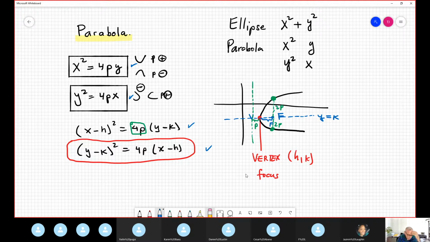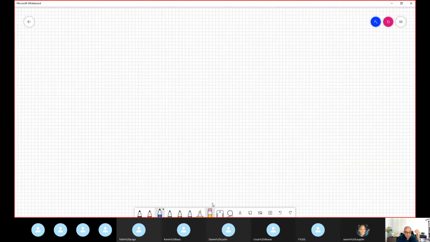Okay, let's move on to example 3. In example 3 we have now translation. Example 3 is y plus 3 squared equals minus 4 times x minus 2.